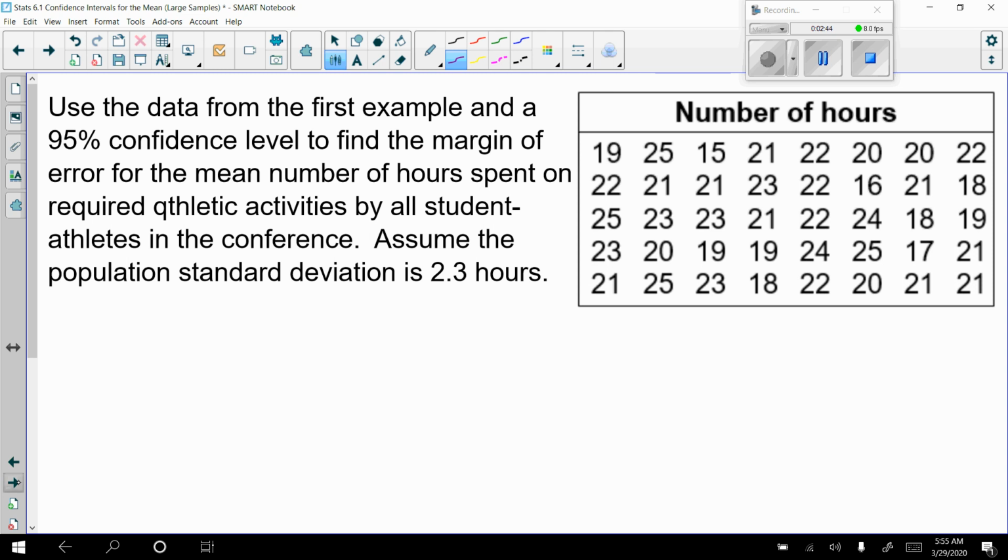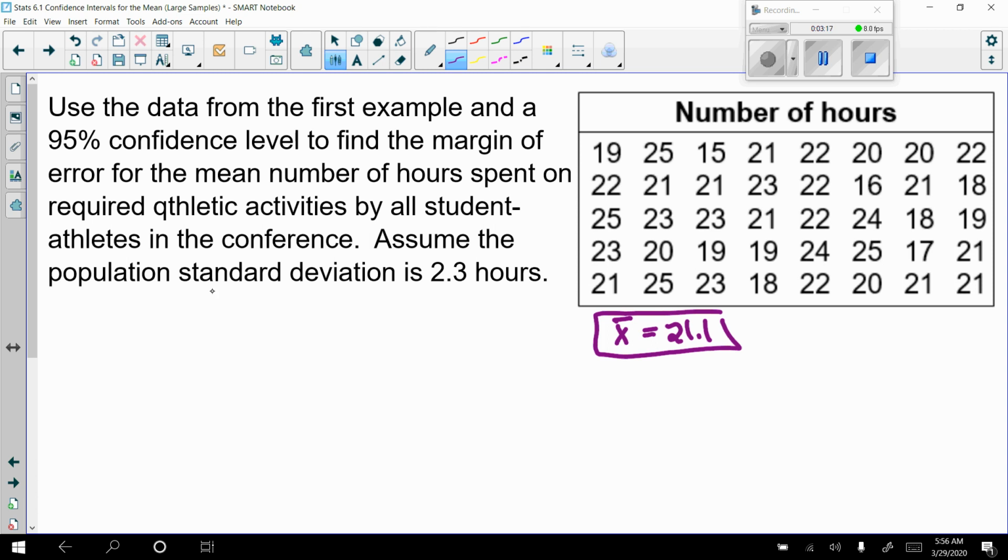So let's use the data that we put into our calculator, where we found that x bar was equal to, what was it, 21.1? We already knew that because we calculated it for our previous example.